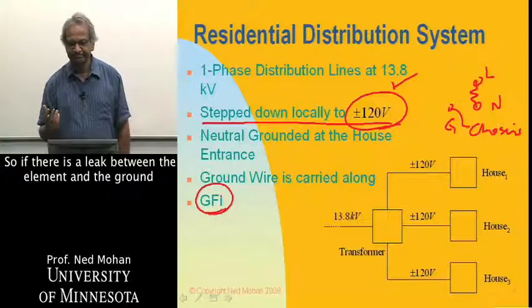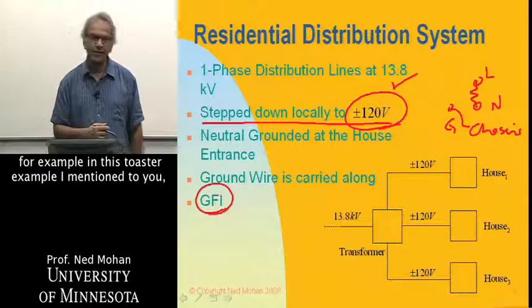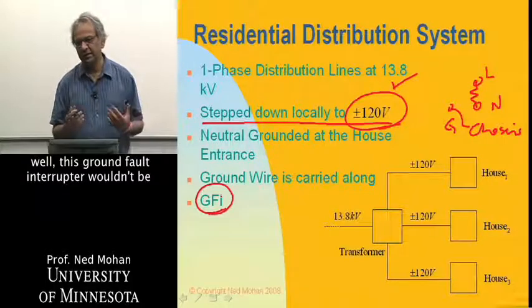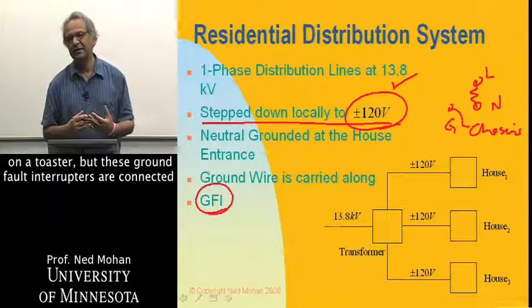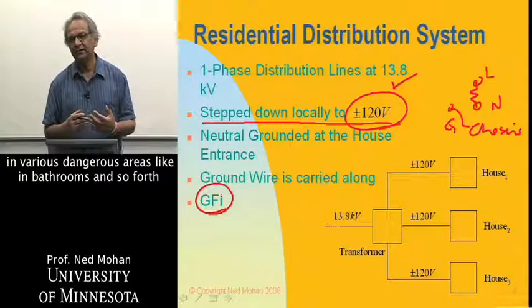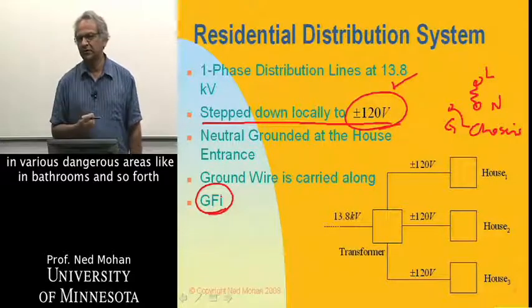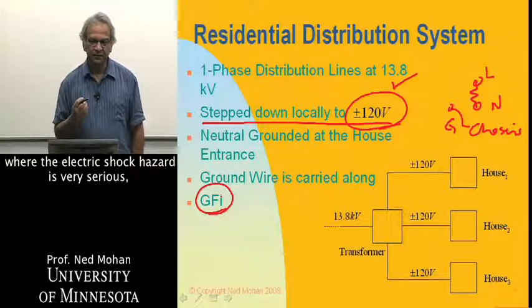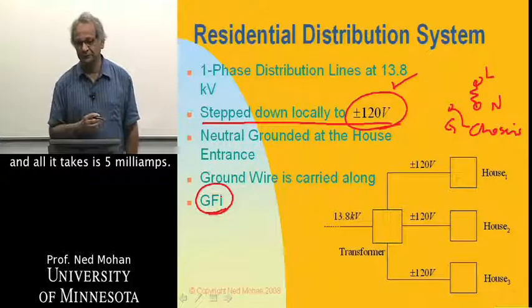So if there's a leak between the element and the ground, for example, in this toaster example I mentioned to you, this ground fault interrupter wouldn't be on a toaster, but these ground fault interrupters are connected in very dangerous areas like in bathrooms and so forth, where the electric shock hazard is very serious, because all it takes is 5 milliamps.